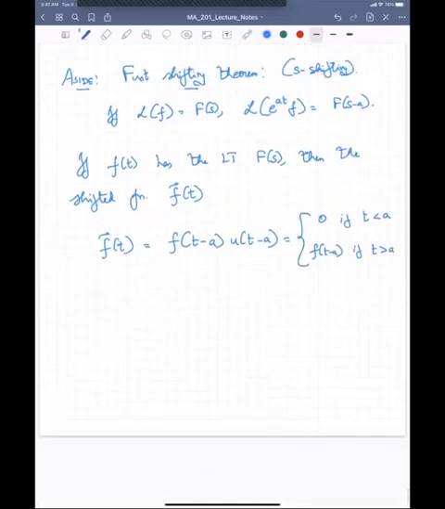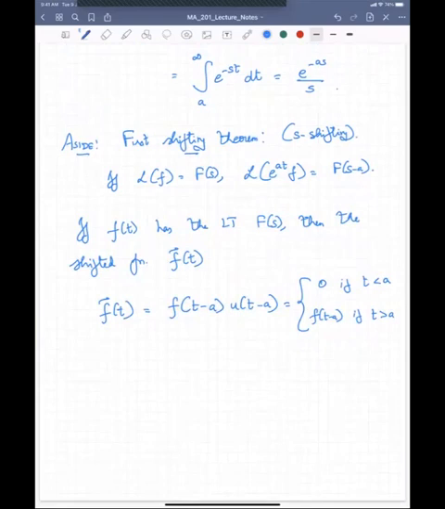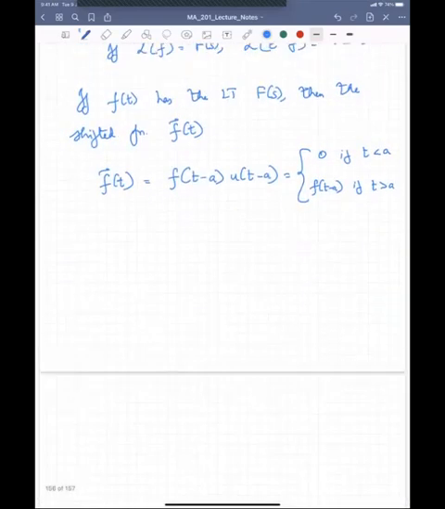The function is shifted by an amount a, but only for t greater than a. For t less than a, the function is basically 0. Then the shifted function has the Laplace transform e to the minus as times the Laplace transform of the function f(t).